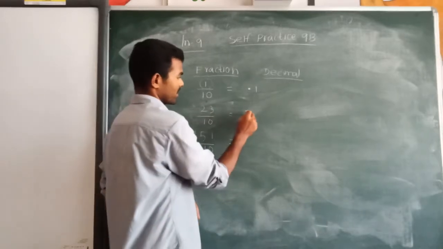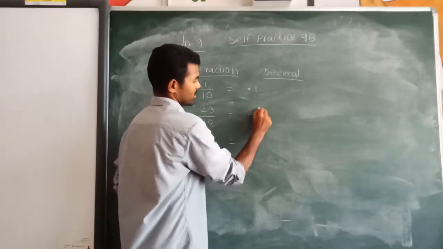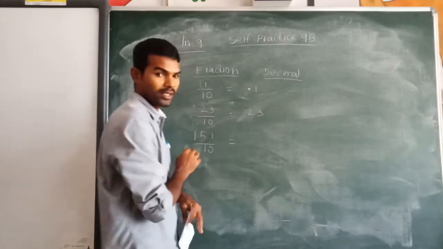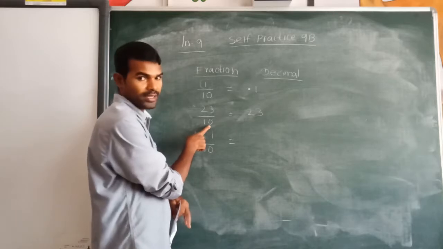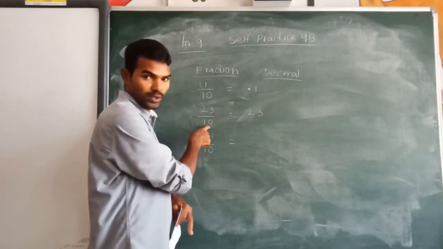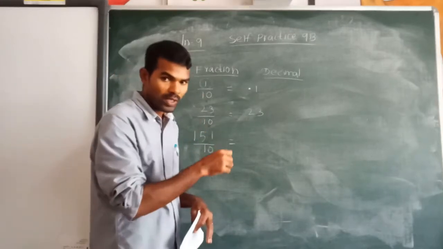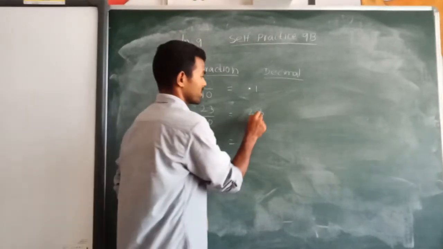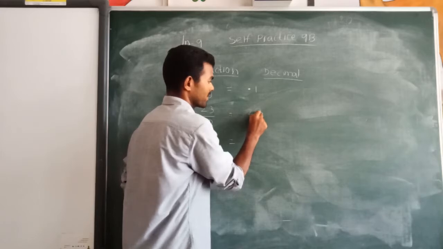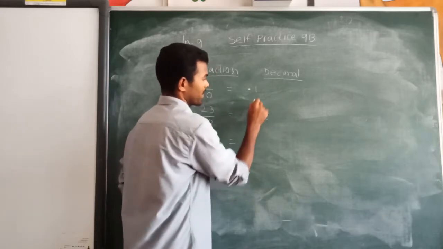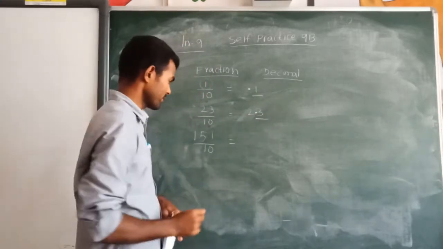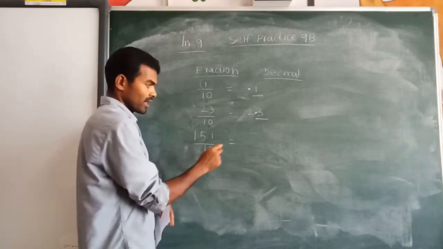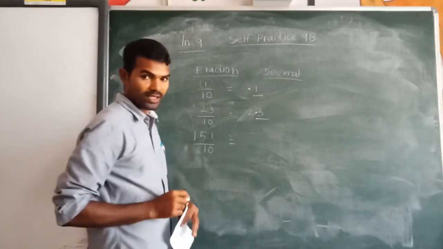So write the numerator here, and here the denominator is 10. There is only one 0, so after the point there is only one decimal place. Put the point here. So if the denominator is 10, after the point only one digit will come.